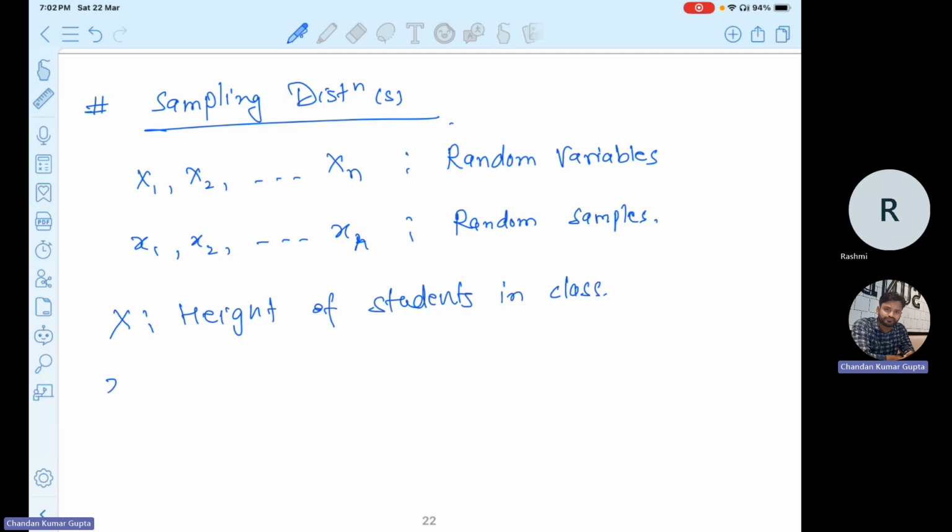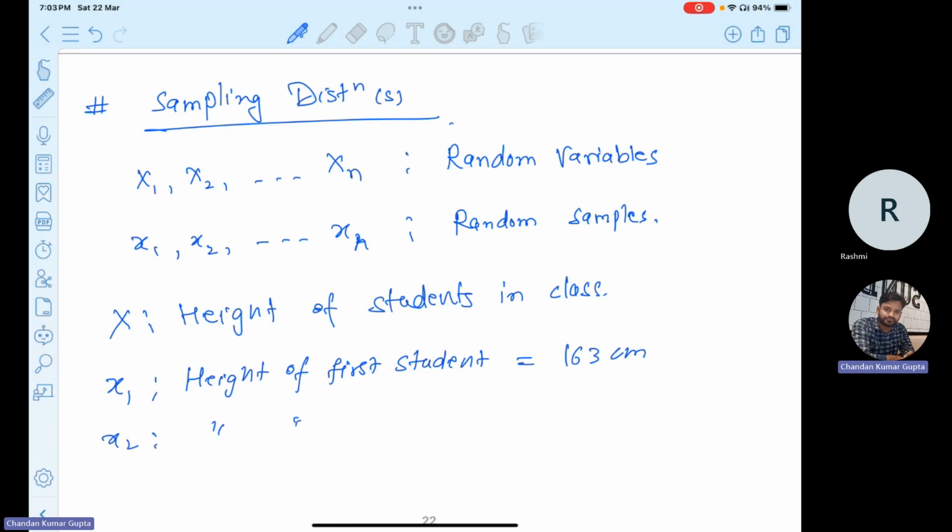And when I am writing x1, that means the height of the first student. For example, 1 stands for the first student. So that is a number. Suppose 163 centimeters. x2 is the height of the second student. It may be 178 centimeters and so on. So this is a random sample.